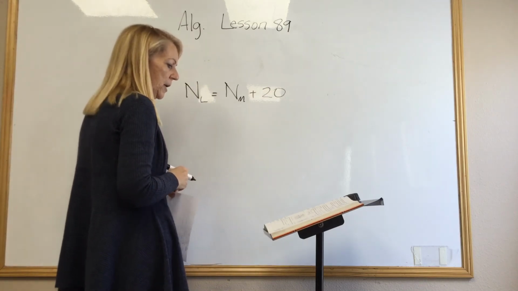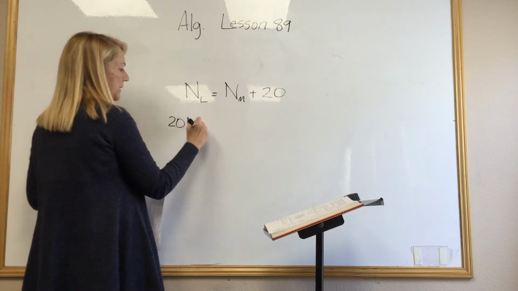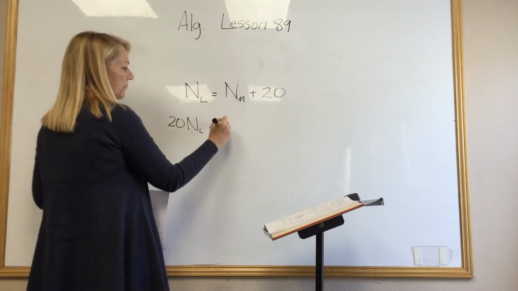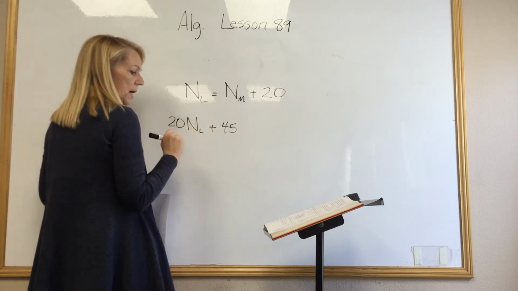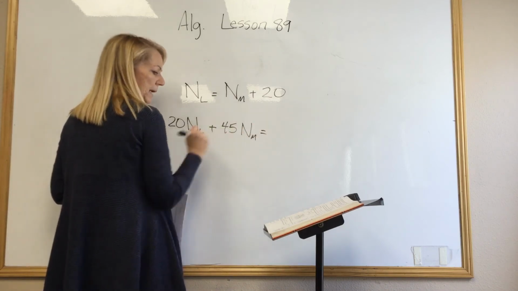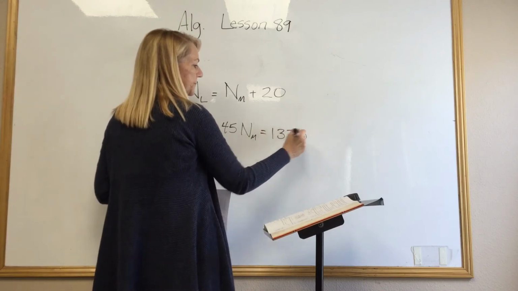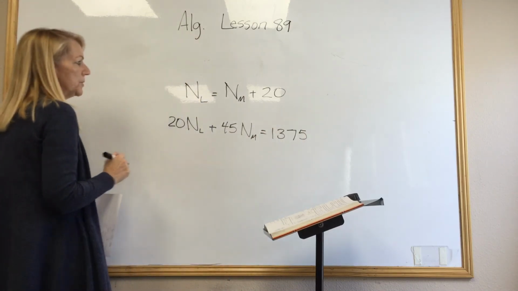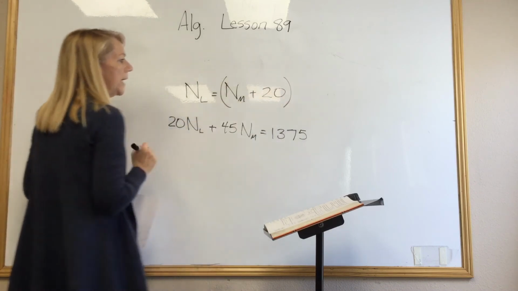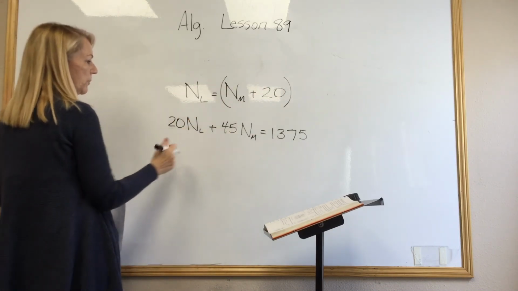And then I know that if I had $20 times the less expensive dresses plus $45 times the more expensive dresses, I'm going to equal $1,375. So now I'm going to use substitution, which is already set up for me nicely right here. I'm going to put that right there. We're going to solve for the more expensive.